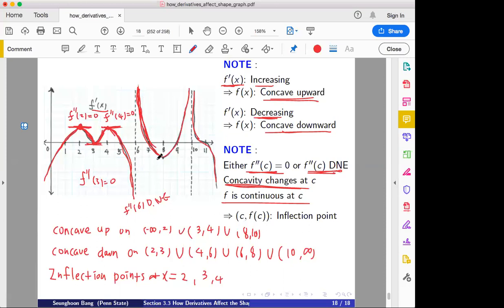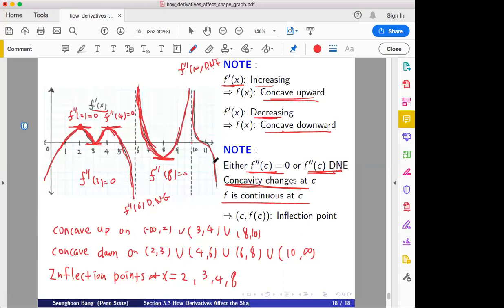What about 8? Here, we have the second derivative at 8 is also 0. Here, decreasing concave down, then increasing concave up. Concavity changes at 8. What about 10? The second derivative at 10, this is like a vertical asymptote. Automatically, the second derivative does not exist here.